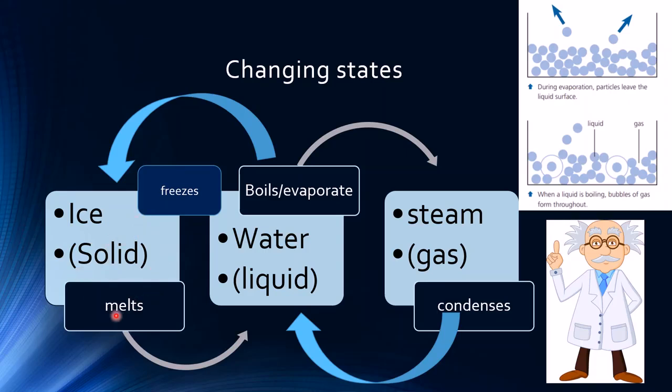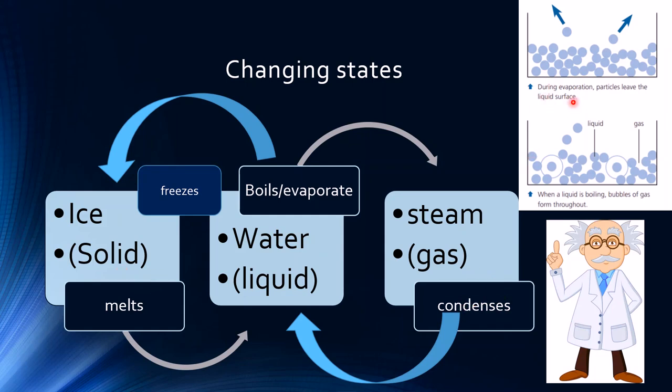When ice melts, we get water, right? Then when we boil water, it evaporates and turns into steam. After steam, when we condense it, it turns back to water, which is liquid. Then when we freeze water, it turns back to ice, which is also known as solid.